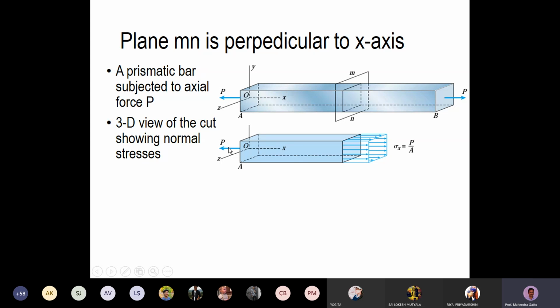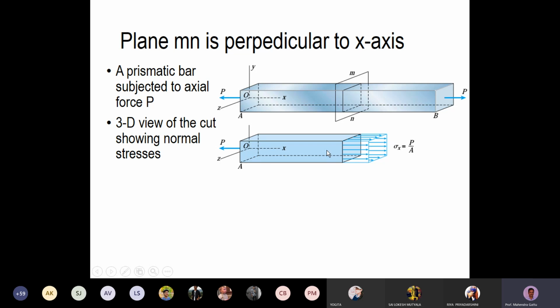On the left hand we have the axial force P, and on the right face we have this stress distribution. This stress distribution is uniform, that's why it is shown by this rectangular parallelepiped, and this stress value sigma x is given as P by the area of cross section of this right face.